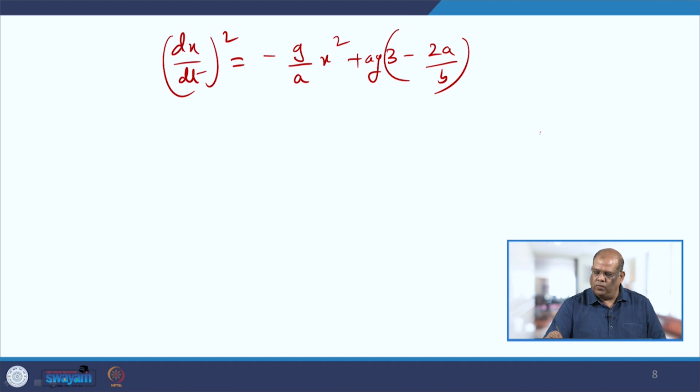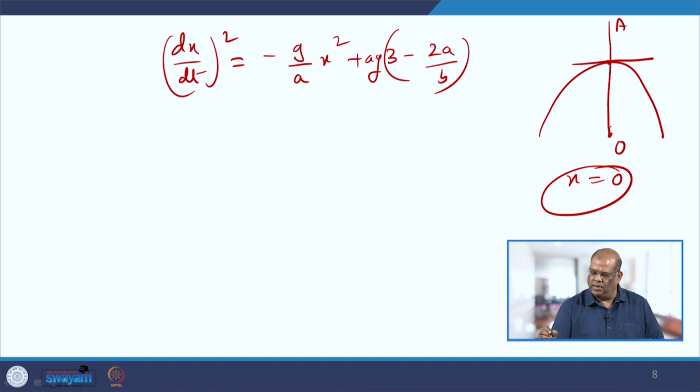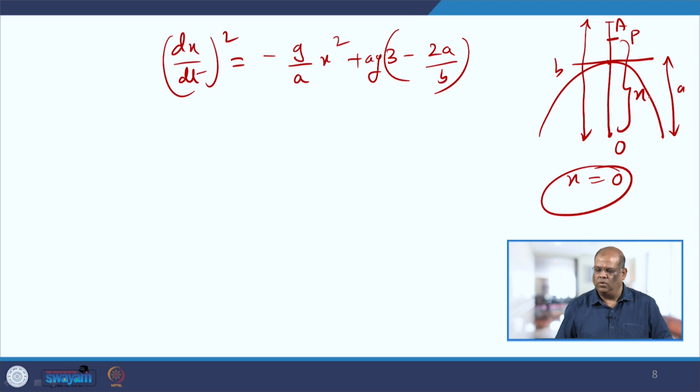Now, the question is, what is the velocity of this particle once it reaches the center O? When it reaches the center O, x becomes 0, because x is calculated from here. This distance was b, this distance was the radius of the earth a, and P is the position of the particle at any time t, such that OP is equal to x.